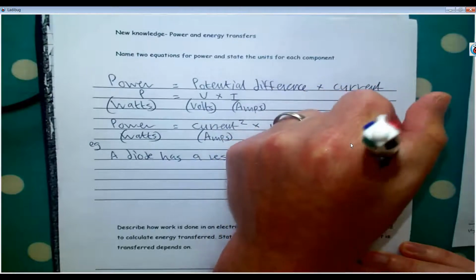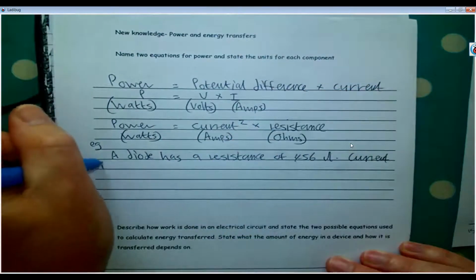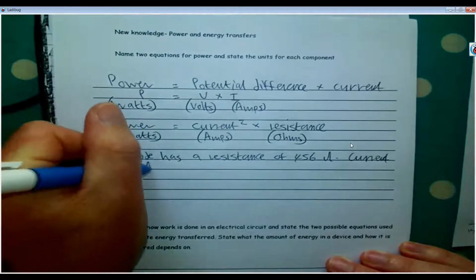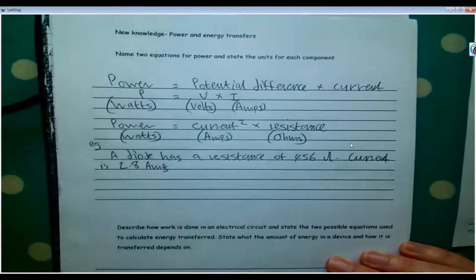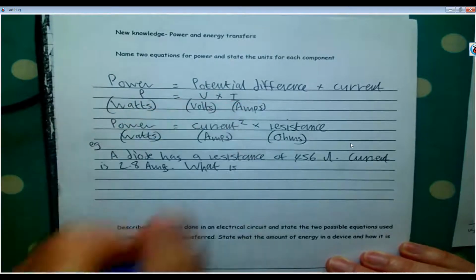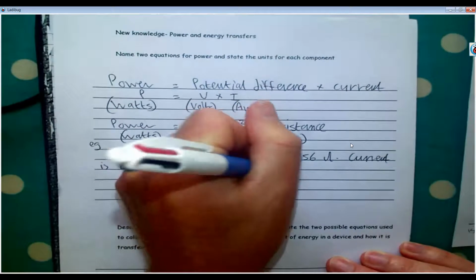Current is 2.8 amps. What, pardon the pun, is the power?